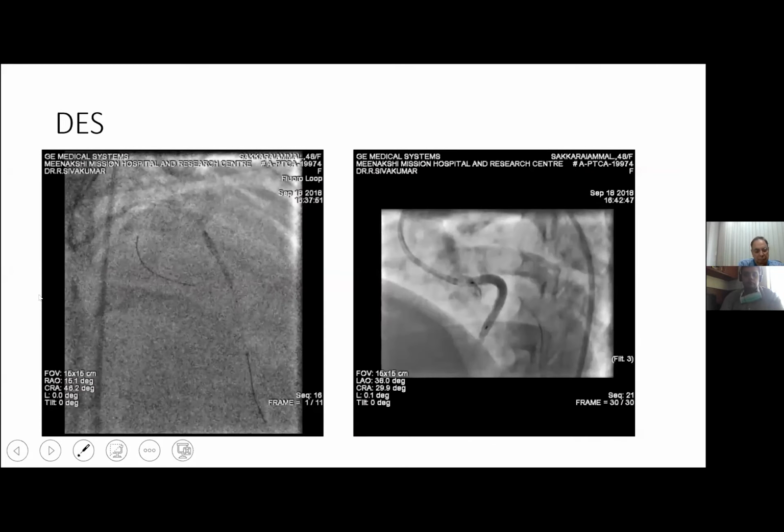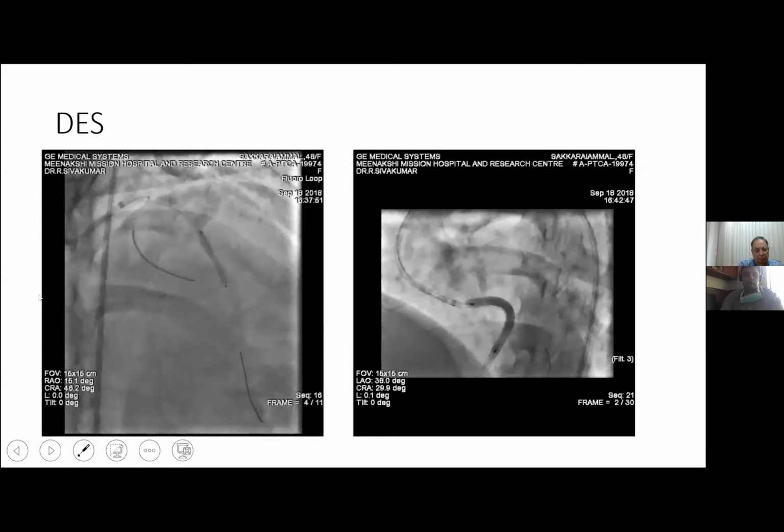The very first OCT after the preparation made sure that cuts were made. The reduction in the growth was almost 25%. That was the point at which we took the stent.